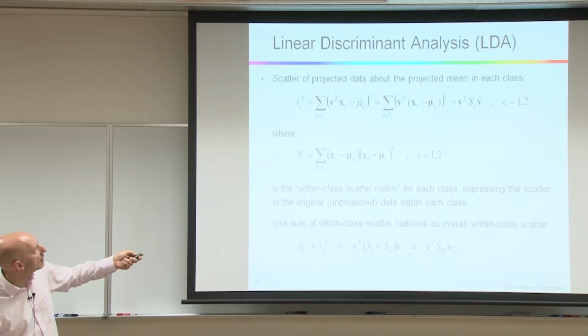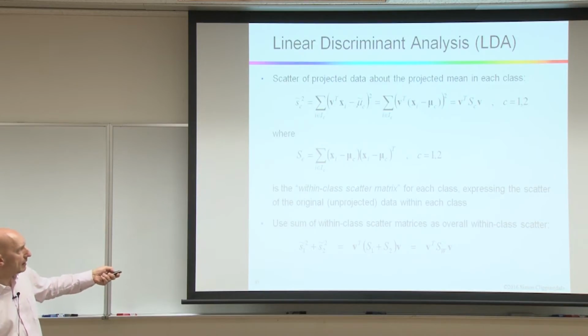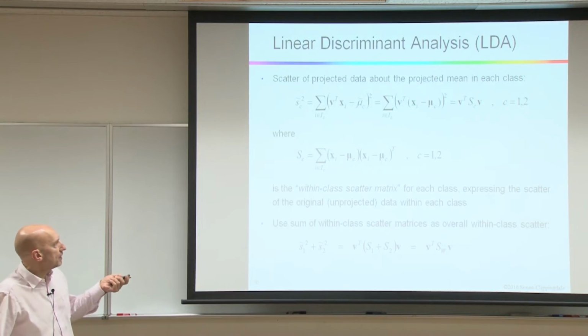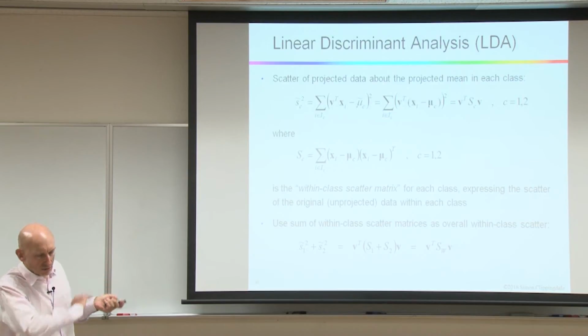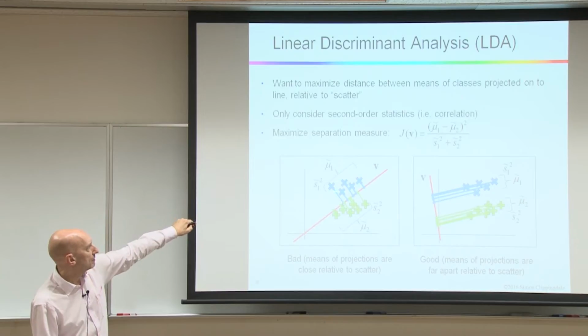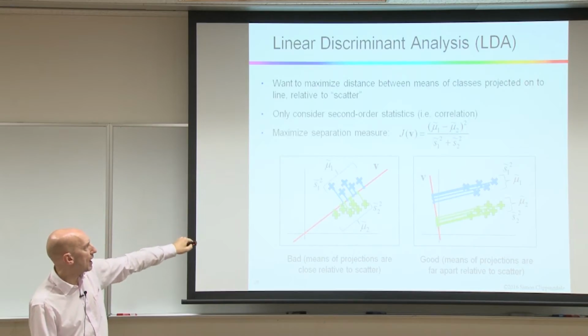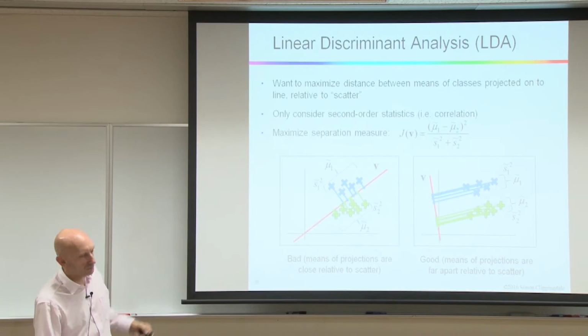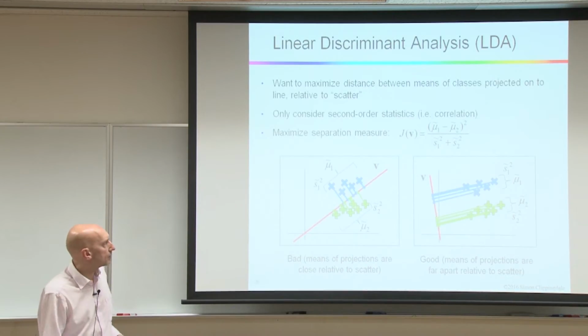And here again is our projection direction V, and this SC thing is a so-called within class scatter matrix for each class. So each class has one of these, and it expresses the scatter, the distribution of, for example, this class of data, and this class of data will have another different within class scatter matrix.